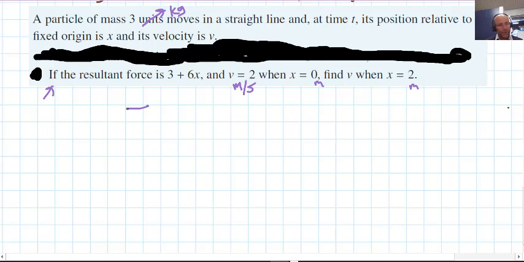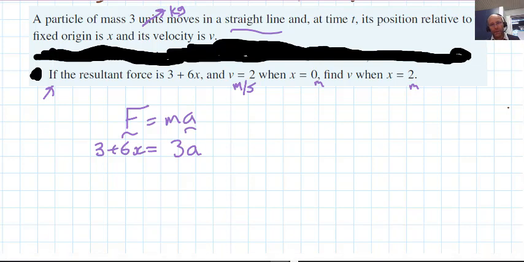So F, Newton's second law, F equals ma. And because this is a straight line, drop the vector notation, so we'll relax that there. So the ma part is 3a. Now we'll drop the vector. And we've got an expression 3 plus 6x, so 3 plus 6x equals 3a.